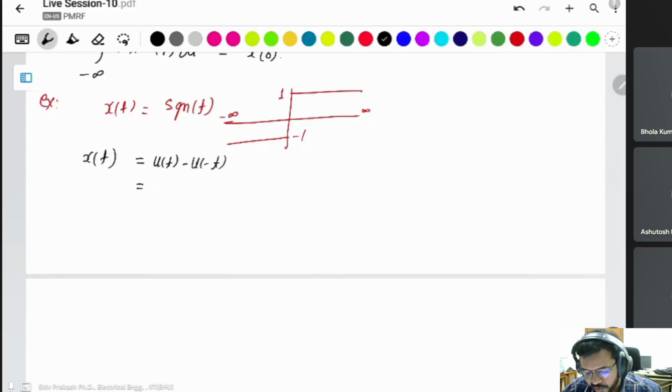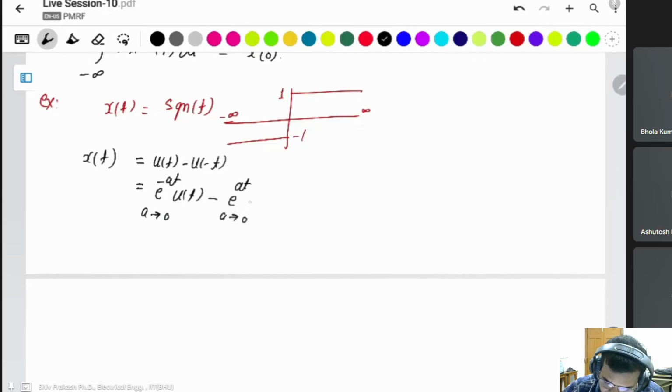For the unit step function, if you want to find the Fourier transform of the step function, then you can write u(t) as e to the power of minus a t u(t), where a tends to 0. If this is 0, then e to the power 0 is 1, only u(t) is there. Minus the same thing written as e to the power of a t, a tends to 0, u(minus t).